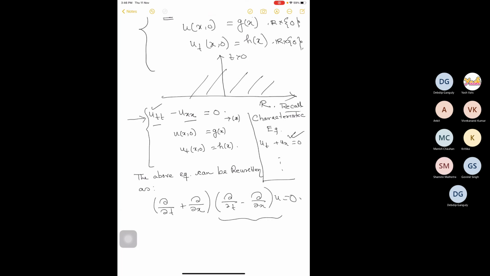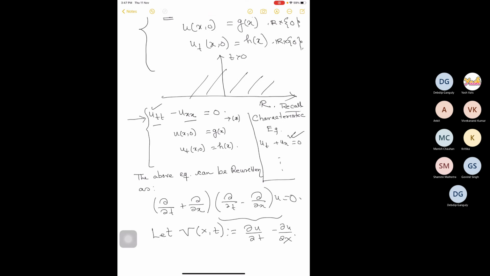So now, any idea how we can solve this? We transform our variables x and t. Exactly. Write down, let v(x,t) be defined as the first one, del u by del t minus del u by del x.